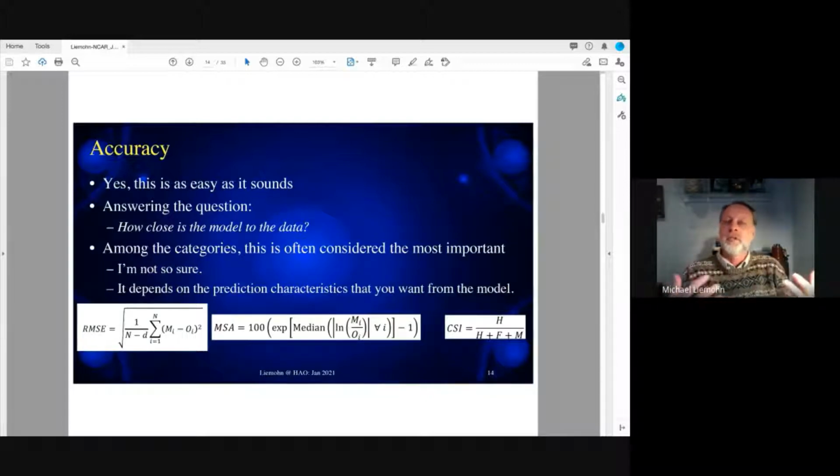But we often have in space physics events that are rare, so I like to use CSI because it takes out that bias of having so many correct negatives in our data model comparisons, since there are so few events. So this really focuses on whether you are actually getting events.